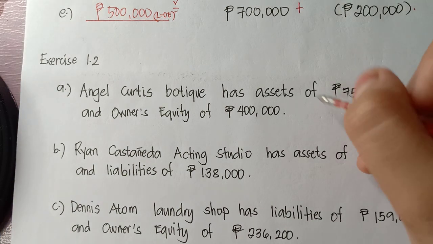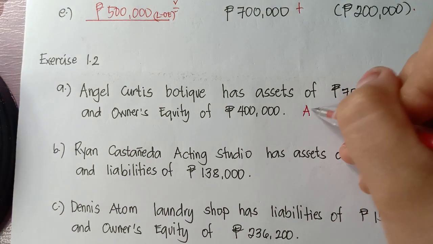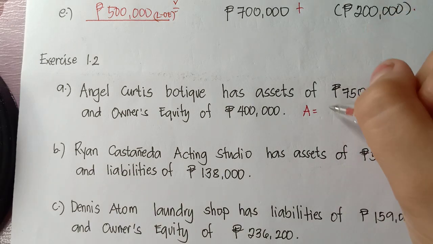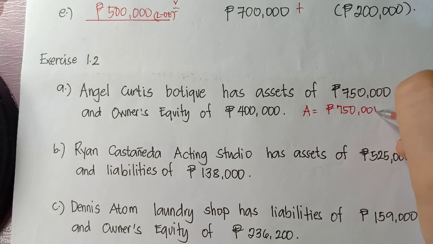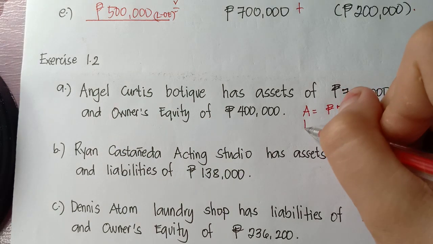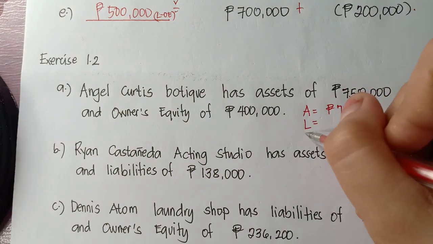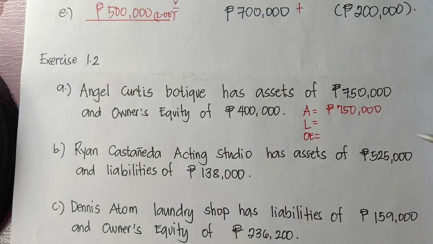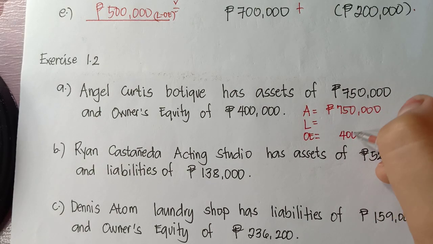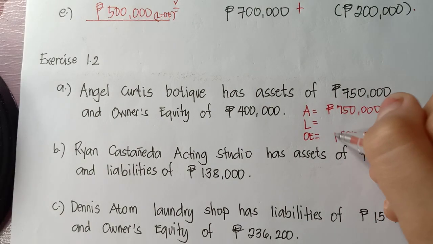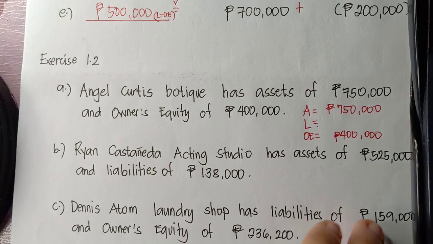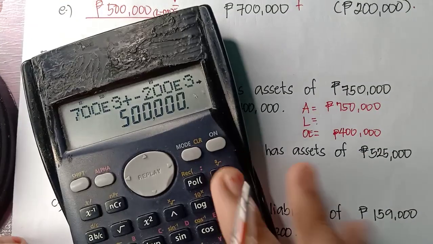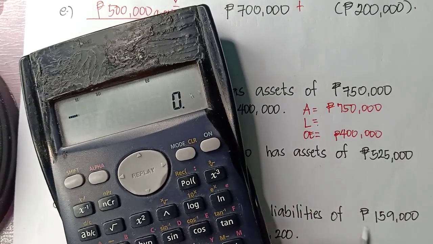So in letter A, we have assets of 750,000, no liabilities, and owner's equity of 400,000. Now, the missing element is the liability. So let's compute how much the liability is.